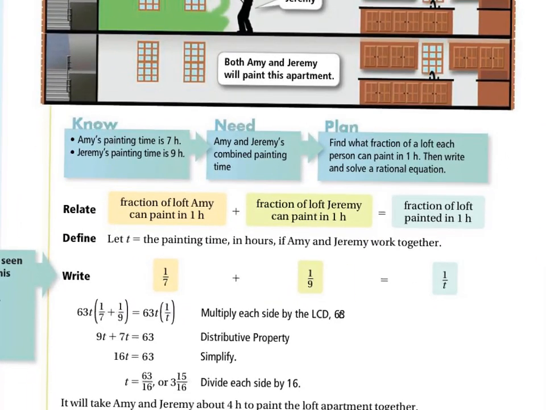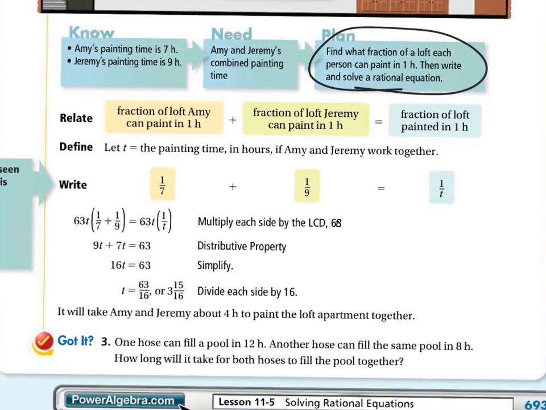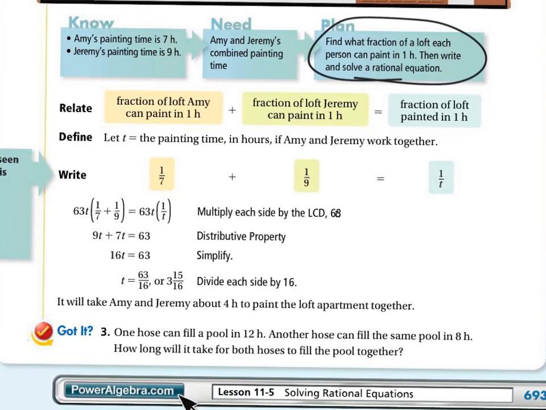So what they're doing in this problem is finding out what fraction of the loft each of them can paint in 1 hour, and then we can solve a rational equation. So the deal is, if one of them takes 7 hours, then they could paint 1/7 in 1 hour.